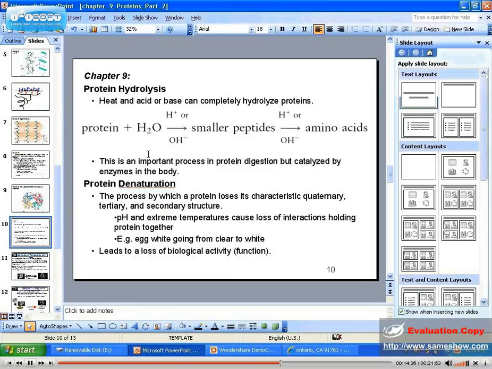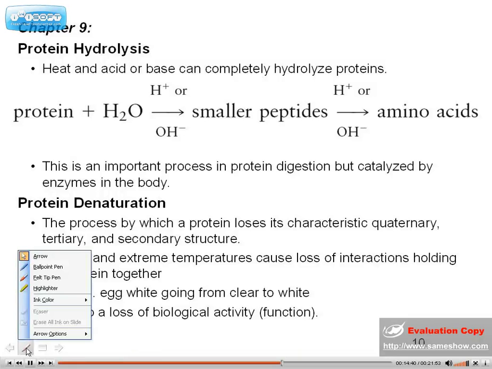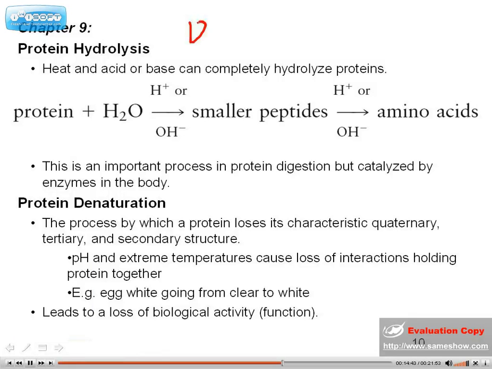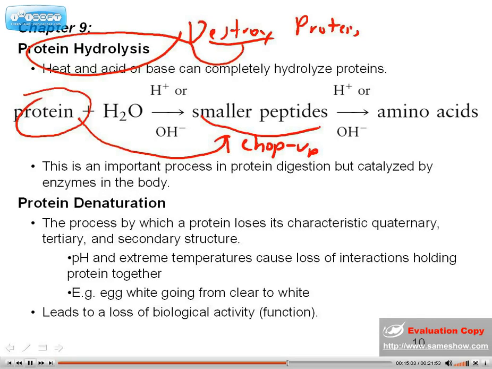If we want to destroy proteins, there's two different ways we can do it. One way is by protein hydrolysis, and that's where we use enzymes to basically chop up the protein into smaller polypeptides and finally individual amino acids.